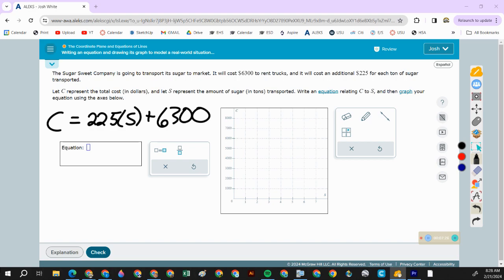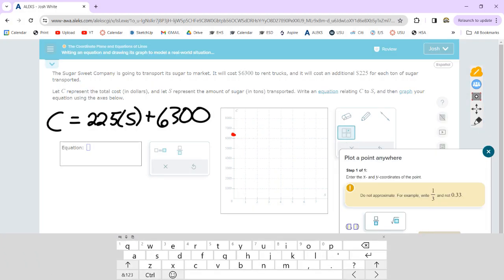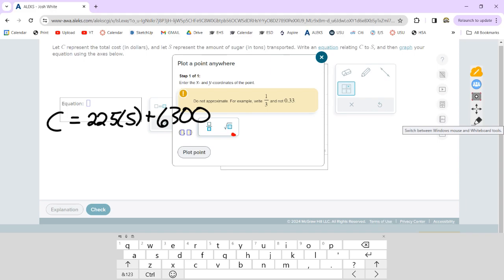So how do I put 6,300 right there? You have to push this button, and we want to graph the point 0, 6,000. Got to be a faster way to do this, right?